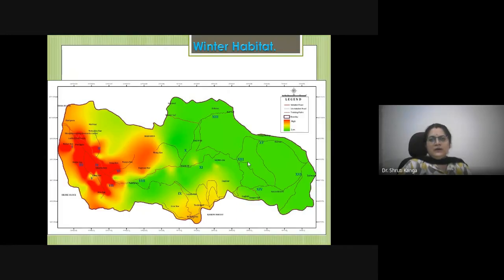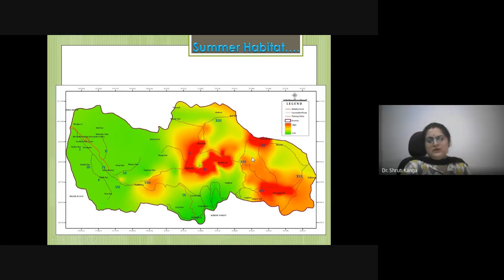Then in winter habitat, this is the boundary and the high and low suitability index, if you see. So in winters they prefer to stay in these areas, and in summers in the right hand side areas, which is based on the different factors or parameters which we have taken into consideration, which include slope, aspect, elevation, land use, land cover, etc.